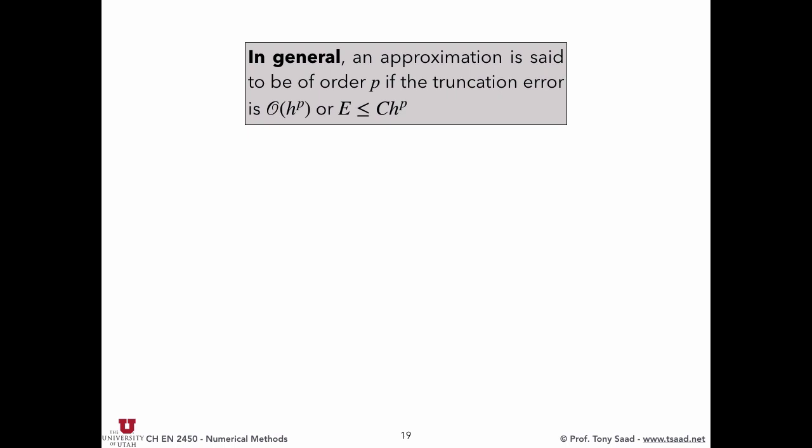And what does order mean? Order of accuracy. Because we can link this to actual accuracy, to the actual number of digits of precision, okay? So an approximation is said to be of order of accuracy p if the truncation error is O of h to the p, or in other words, the error you're committing in your calculation is less than or equal to a constant times h to the power p.